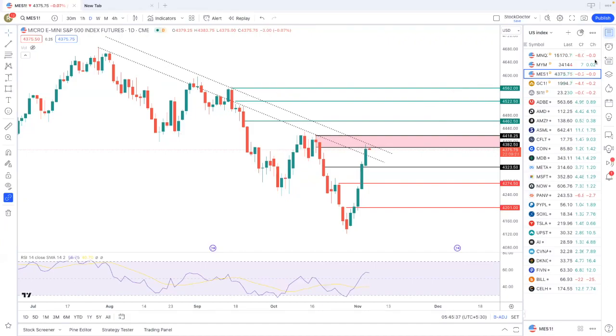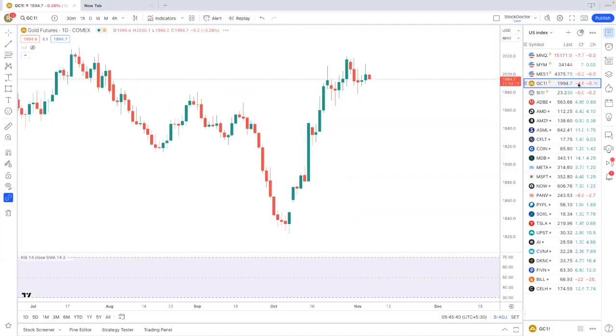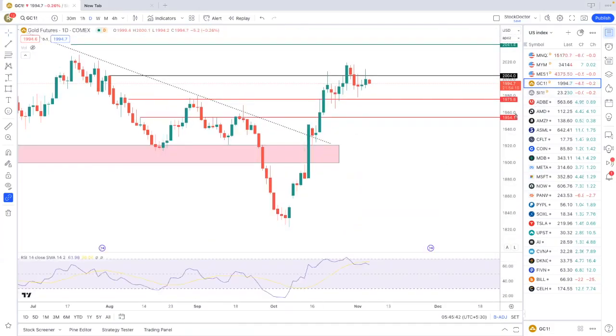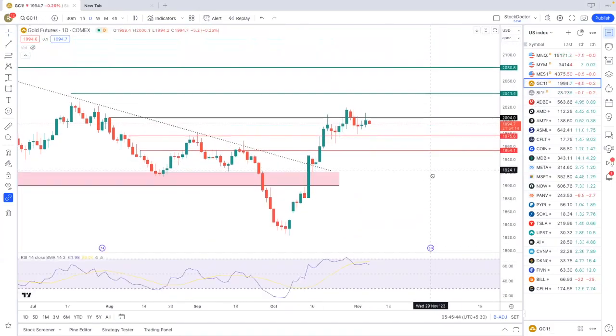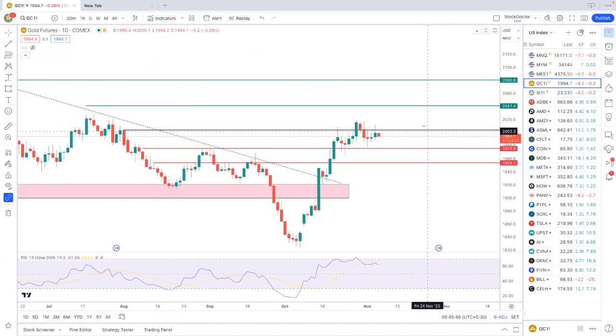Now we will move toward the precious commodities, gold and silver. For gold, I have been telling you guys for so many days that this is a good hedging opportunity. And you can see here, gold has given this upside. And now after giving this upside, it is again struggling near $2,000.